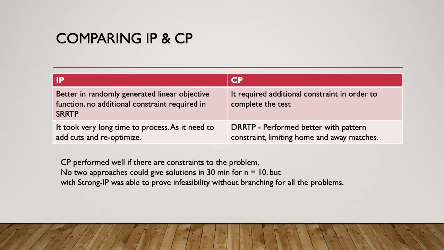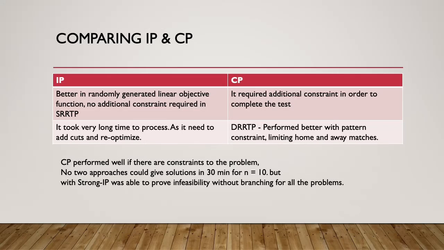In IP it took a very long time to process, as it needs to add cuts and re-optimize the models. DRRTP performed better with pattern constraints limiting home and away matches. So CP performs better when you have more constraints, such as home and away matches.